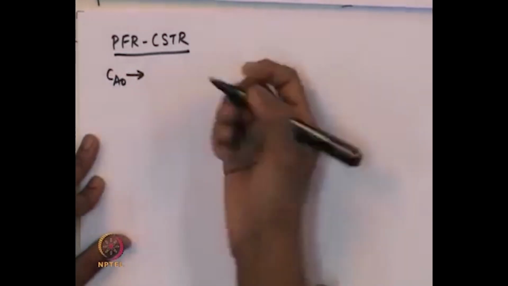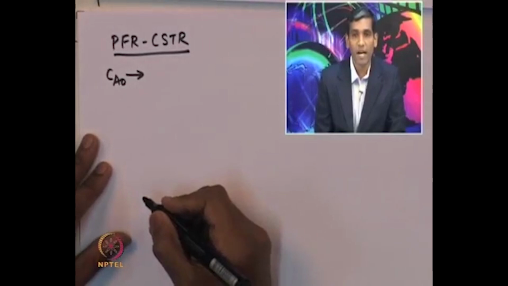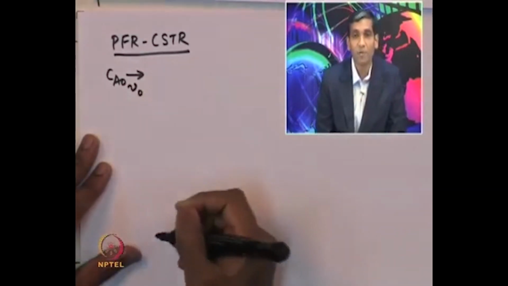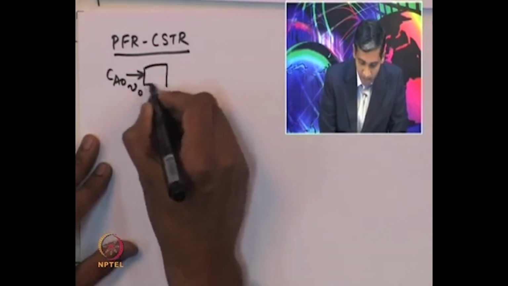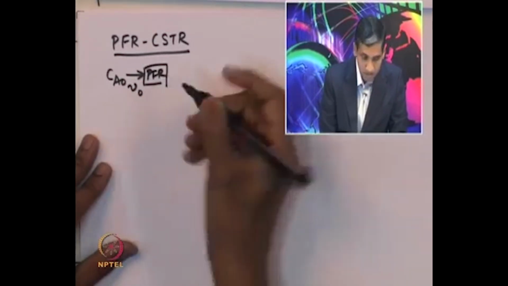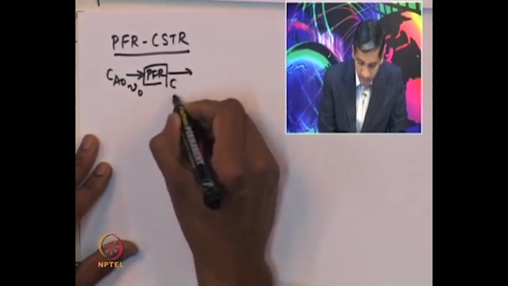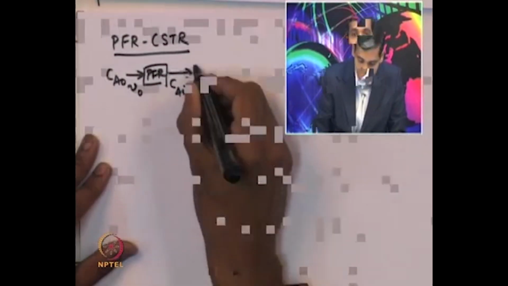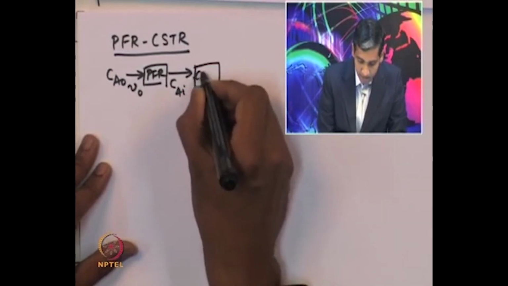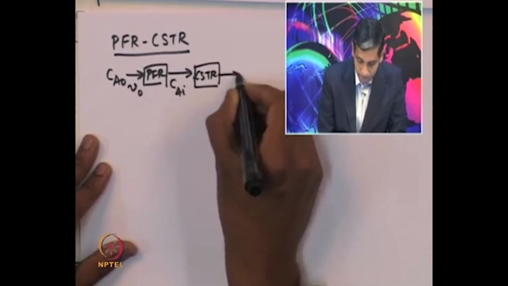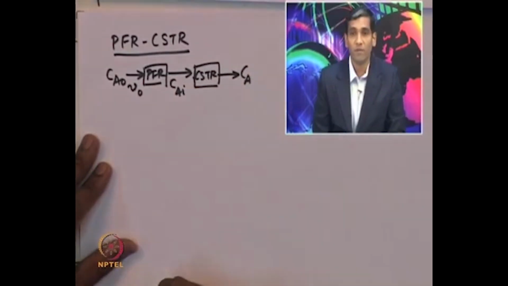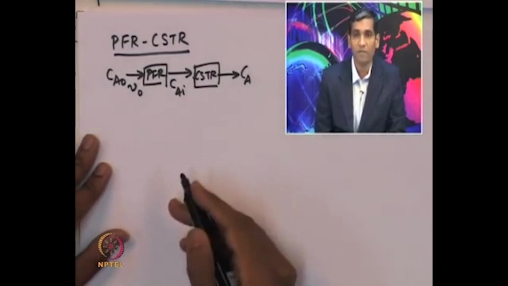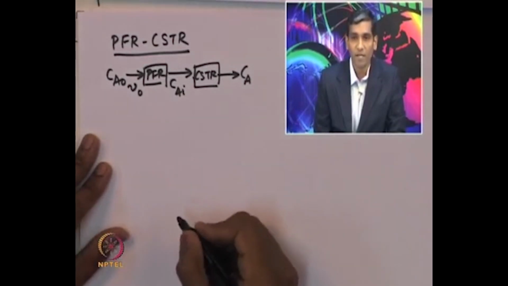C A naught, this concentration with which the species actually enters the plug flow reactor, and V naught is the corresponding volumetric flow rate. So, that is the plug flow reactor, and C A I is the concentration with which the species actually leaves the plug flow reactor, and then it enters the CSTR, and C A is the concentration of the species in the effluent stream of the CSTR.